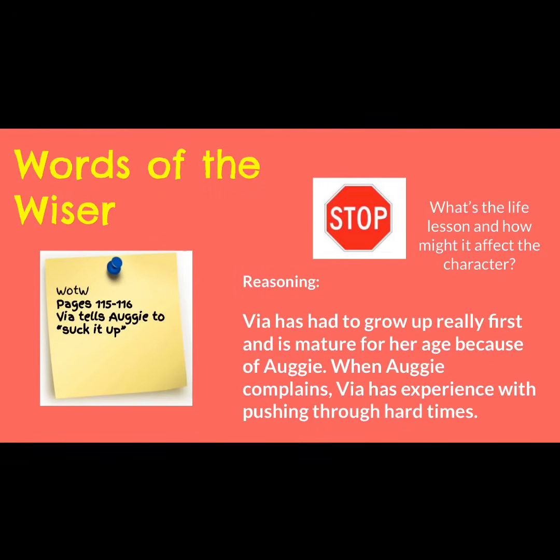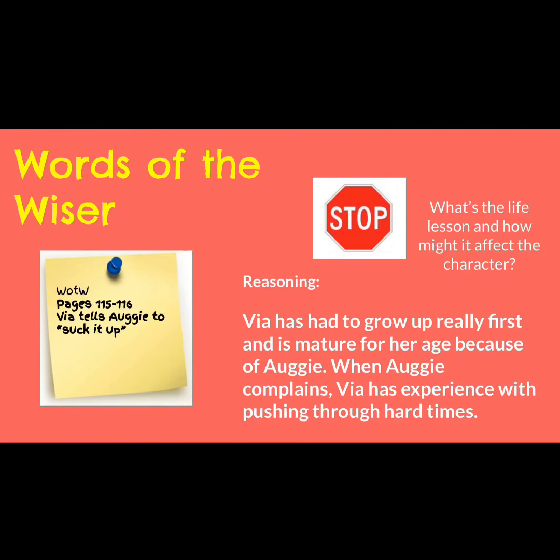As you can see on my post-it, I've labeled it WOTW for Words of the Wiser, and I have given the page numbers of 115 to 116 when Via tells Augie to suck it up. I had to stop and ask myself, what's the life lesson and how might it affect the character in this situation? And my reasoning is that Via has had to grow up really fast and is mature for her age because of Augie.